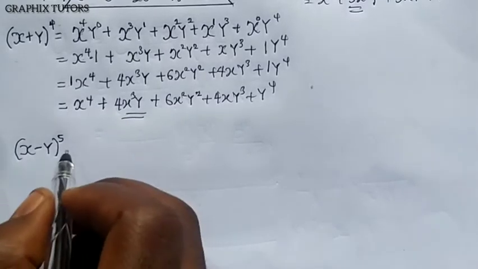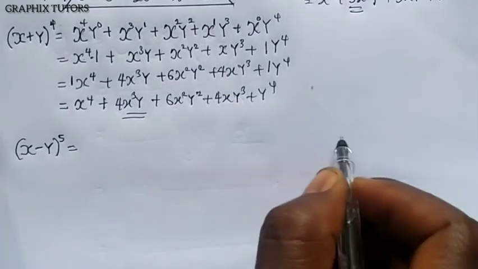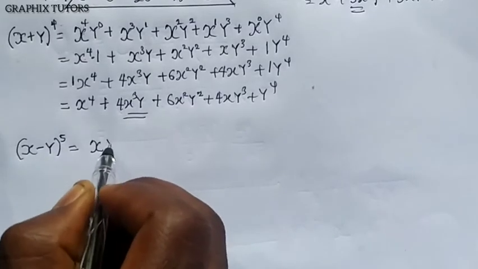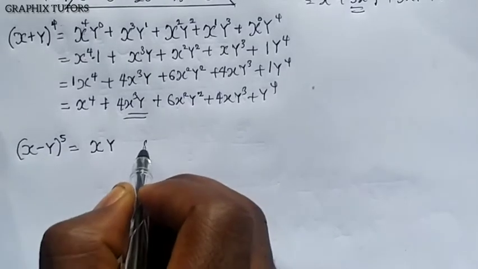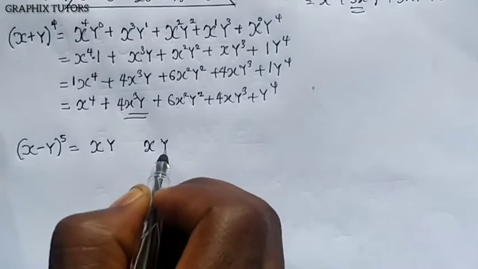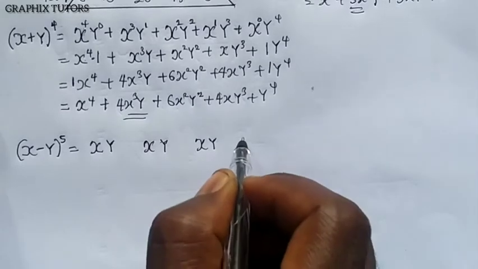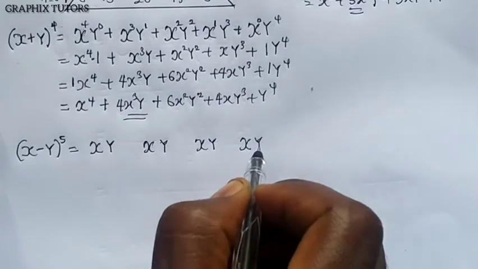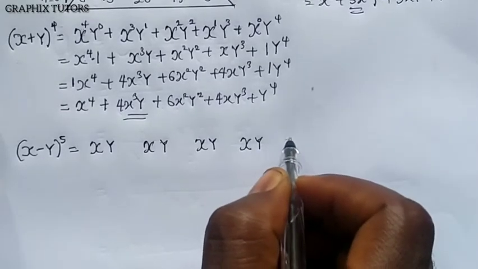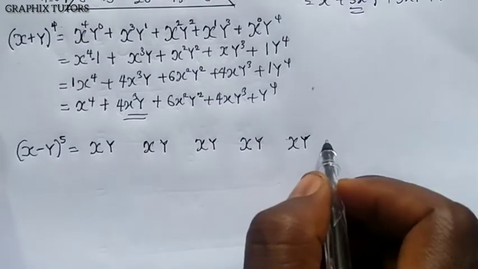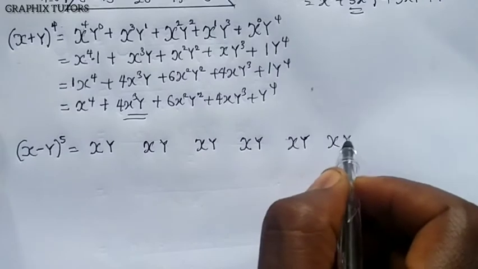Now look at what I want to do here. If I'm expanding this, I'll take it into 6 places because the power here is 5. So I'll be having x, y, 1, x, y, 2, x, y, 3, x, y, 4, x, y, 5, and x, y, 6.